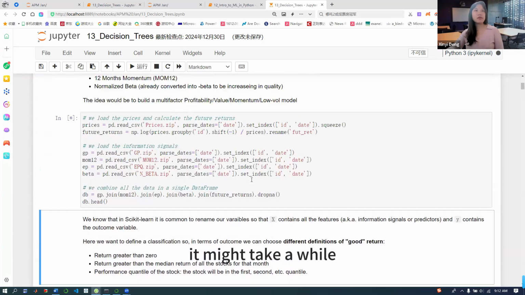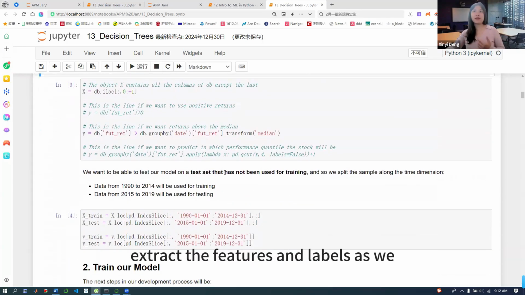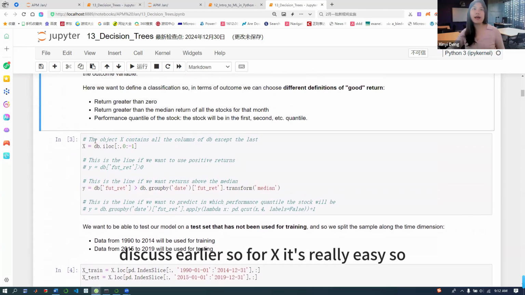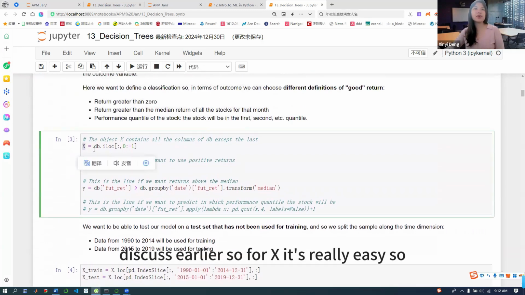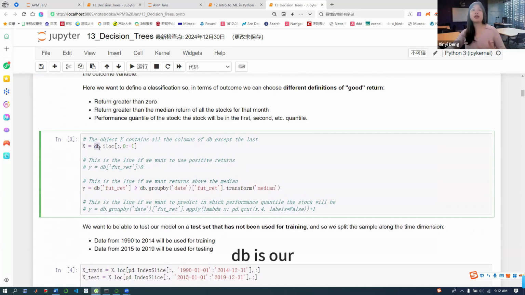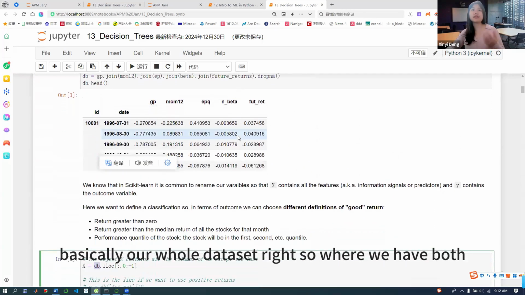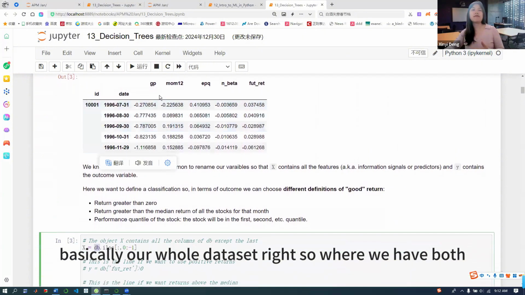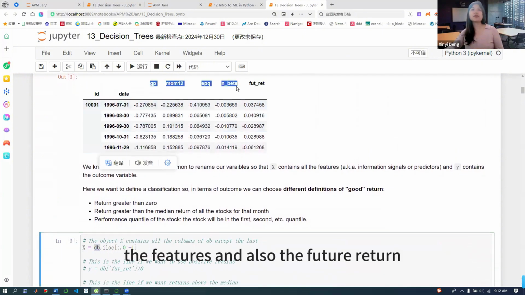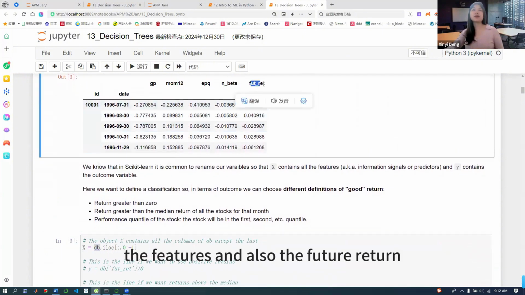Might take a while. Then let's extract the features and labels as we discussed earlier. So for X, it's really easy. db is basically our whole data set, right? Where we have both the features and also the future return.